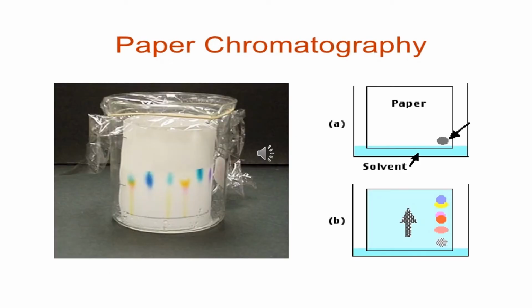Here is a paper chromatography chamber in which the paper is placed. Here, small a has the solvent and paper, and small b is the running of the solvent, the mobile phase.